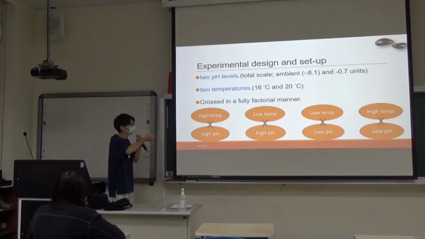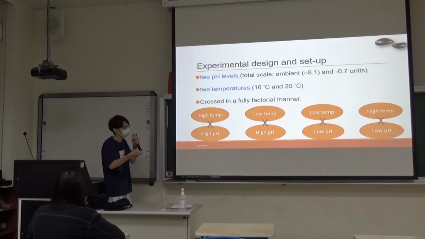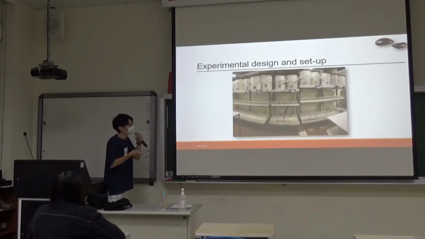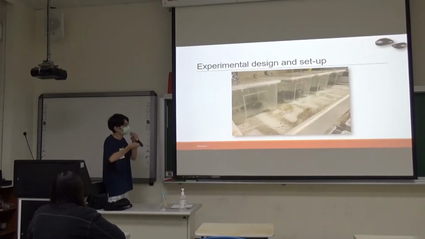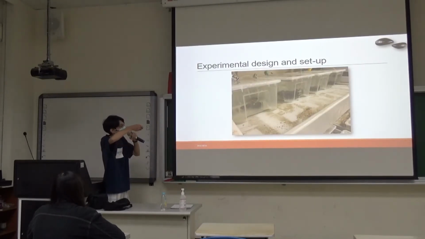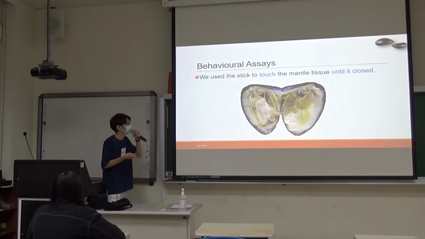I mean, like this, so we can study the effect of each factor through these 4 treatments. Our experiment is conducted in this area, and you can see the mussels, the bivalves, in this chamber.